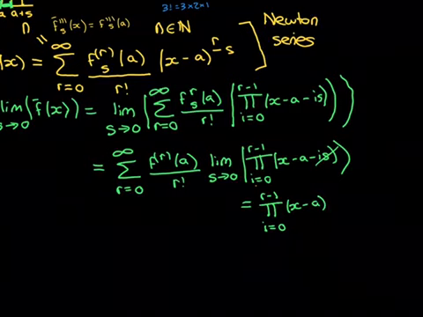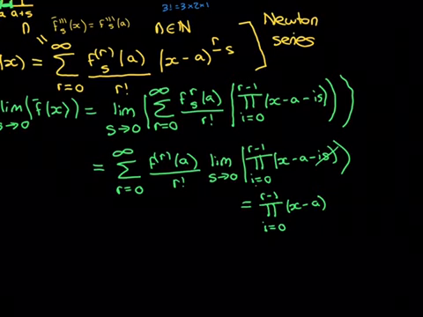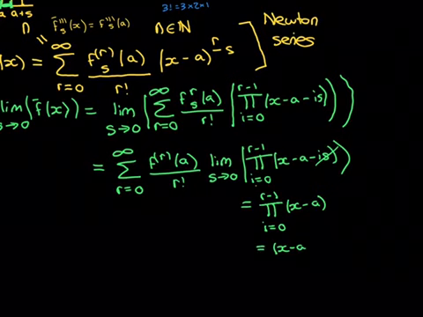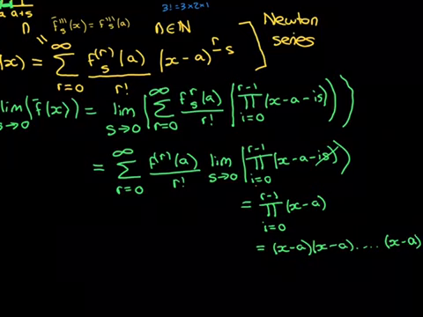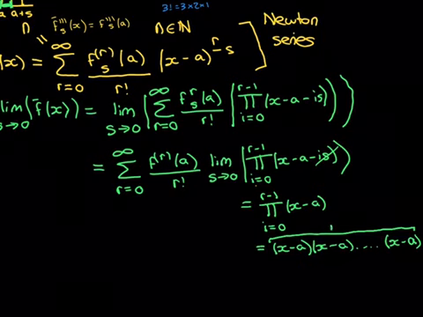And now there's no i in there anymore. So for each i from 0 to r minus 1, this is just equal to x minus a. So it just becomes x minus a times x minus a all the way up to x minus a. And then how many times are you going to get that? You're going to get that r times.